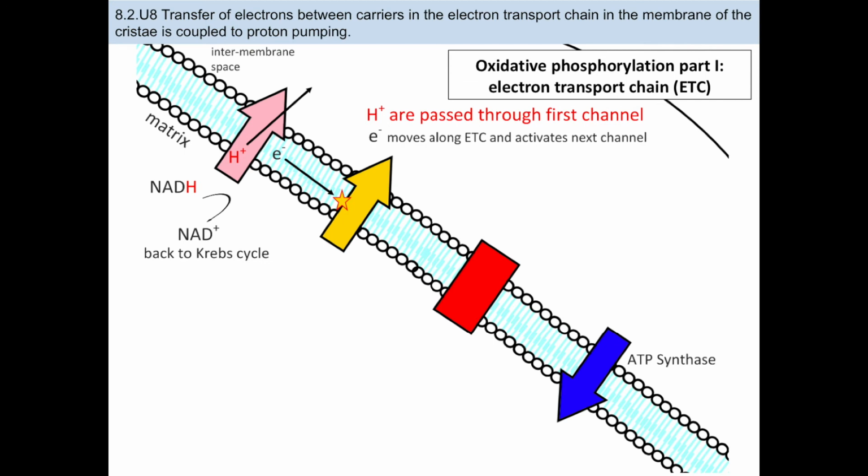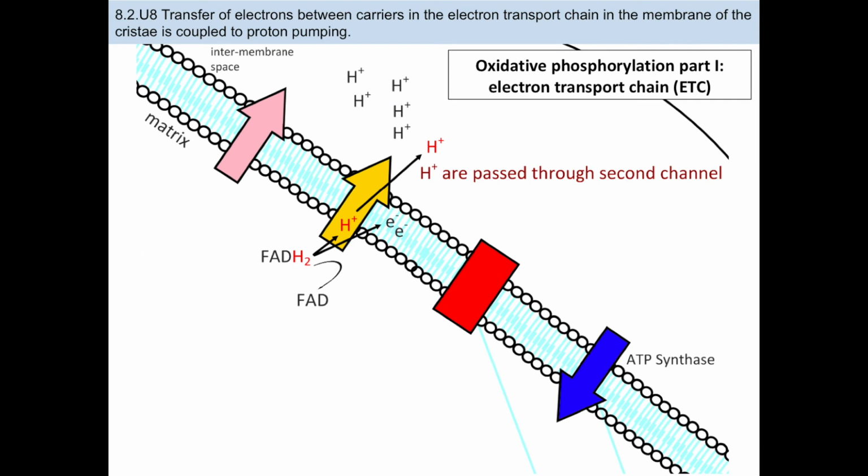Electrons jump from protein to protein. As an electron moves from protein to protein, it energizes the protein to pump protons out. This is also what's happening to FADH2: it loses electrons, electrons jump from protein to protein, and it energizes the protein to pump protons out.